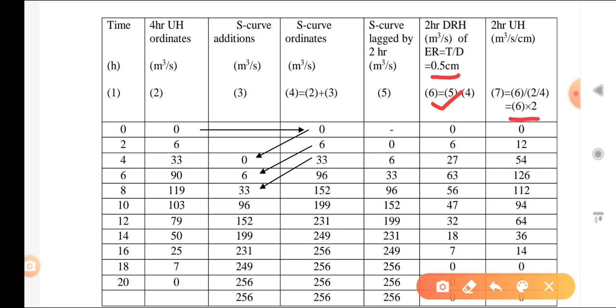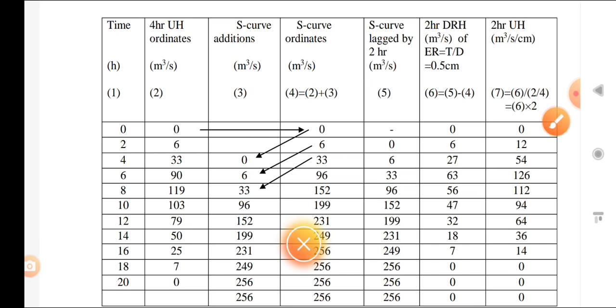So 0 times 2 is 0, 6 times 2 is 12, 27 times 2 is 54, 63 times 2 is 126, 56 times 2 is 112, 47 times 2 is 94, 32 times 2 is 64, 18 times 2 is 36, then 7 times 2 is 14, and the same thing, 0. Now you can see that.